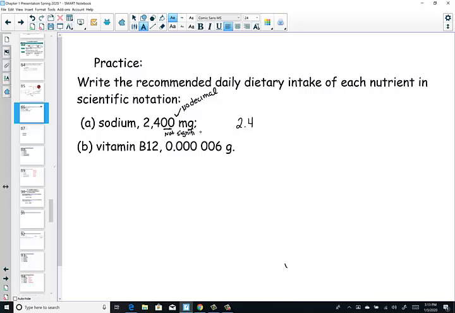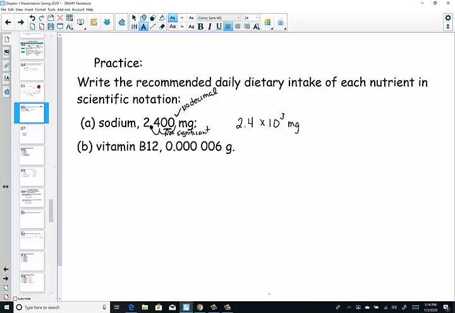And therefore, I have to report my answer with the same number of sig figs as the problem provided, so that would be 2 sig figs. So 2.4 times 10 raised to a positive integer, this positive exponent, because this is a large number, and we said that we had moved 3 spaces, 1, 2, 3 spaces to place the decimal after the number 2. 2.4 times 10 to the third.